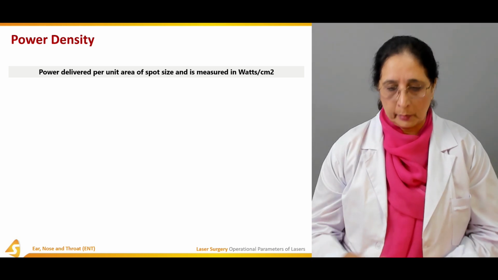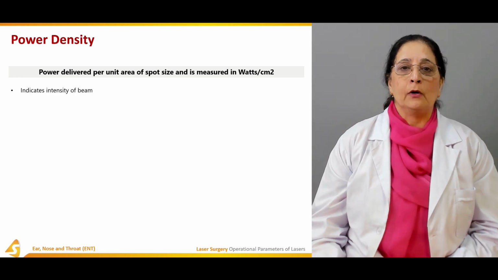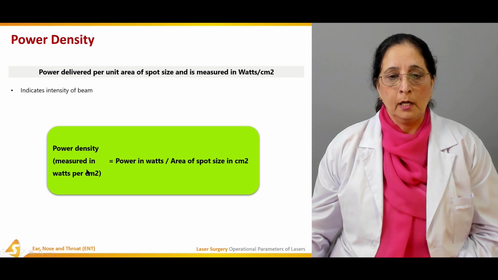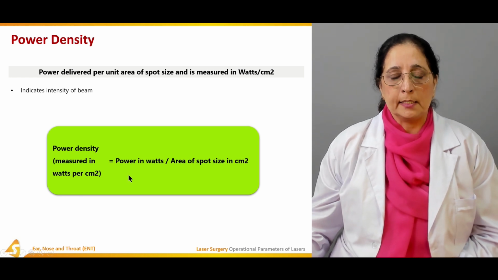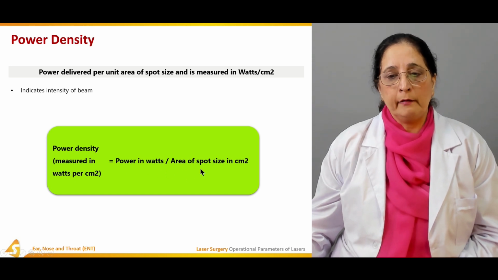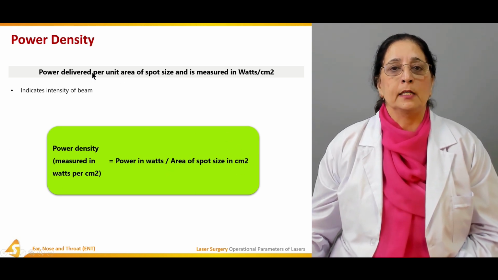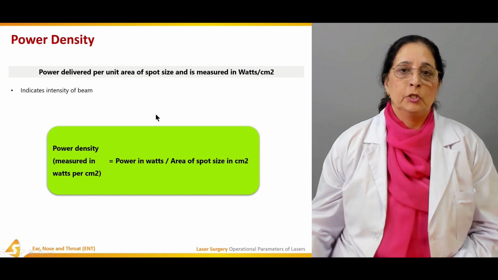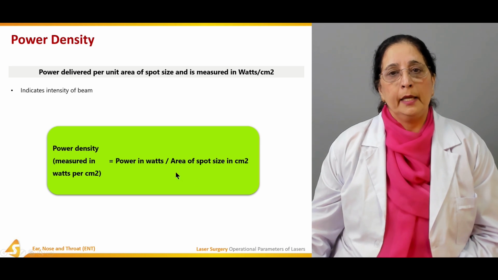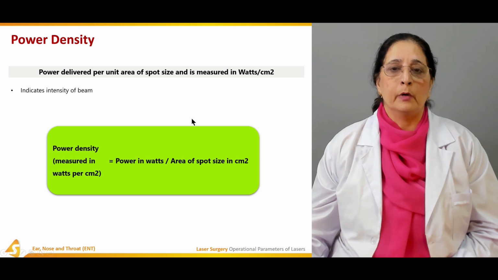So that's the power density. It indicates the intensity of the beam. That's the formula for how we calculate the power density: the power in watts over the area of the spot in square centimeters.